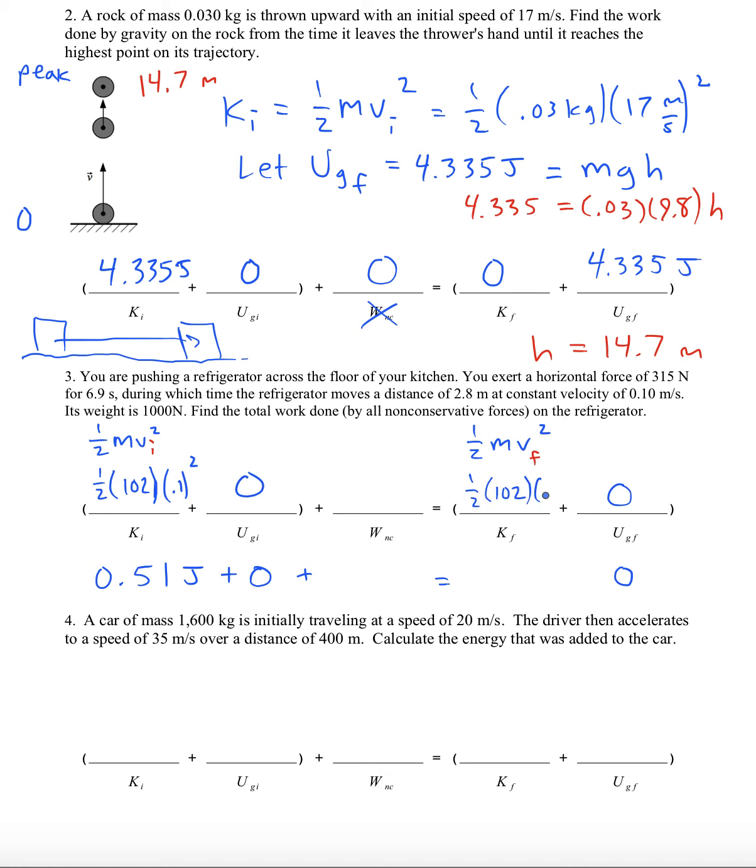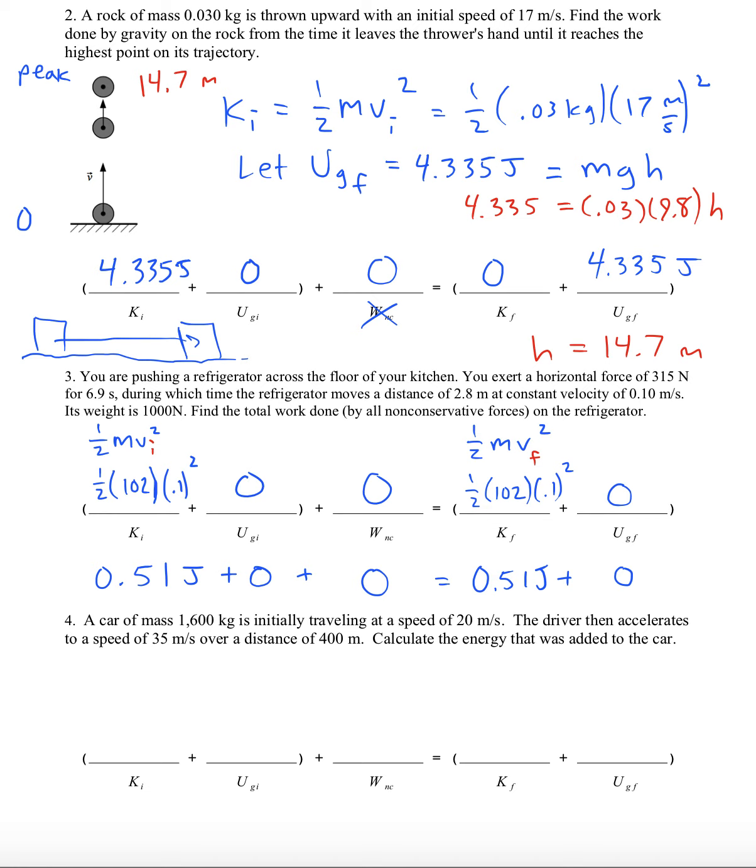And that's how you want to do these. You want to figure them out one formula at a time, fill out how much energy there is of each kind, and then we can deduce what the work must be here. It should be clear from the formula that the non-conservative work is actually 0.